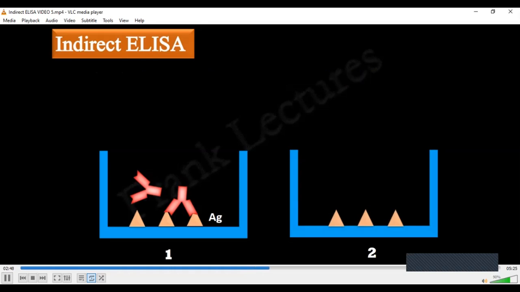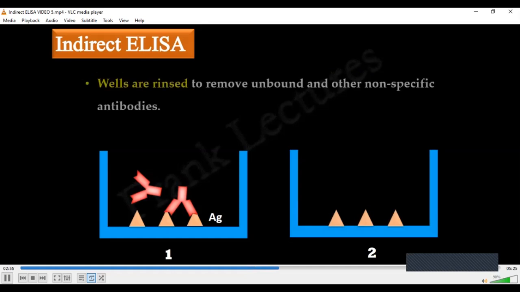Also, other non-specific antibodies present in these serum samples will remain unbound. Rinsing is done again to remove unbound and non-specific antibodies from the well. Here, we know that the antibody binding directly to the antigen is the primary antibody.